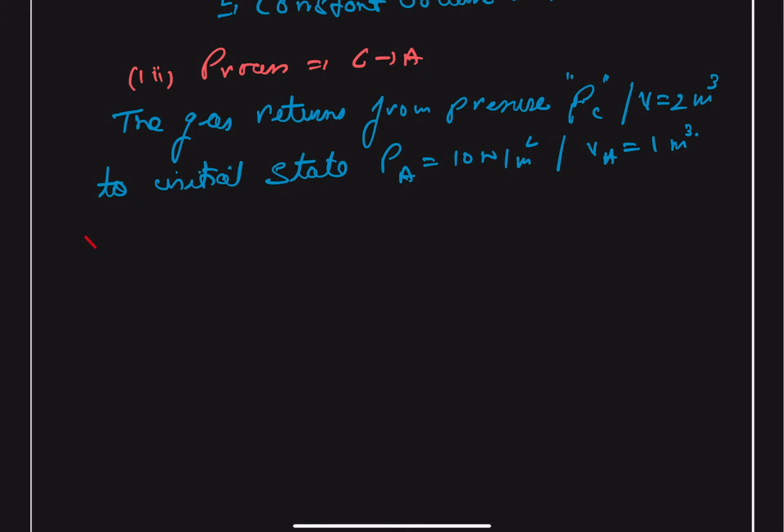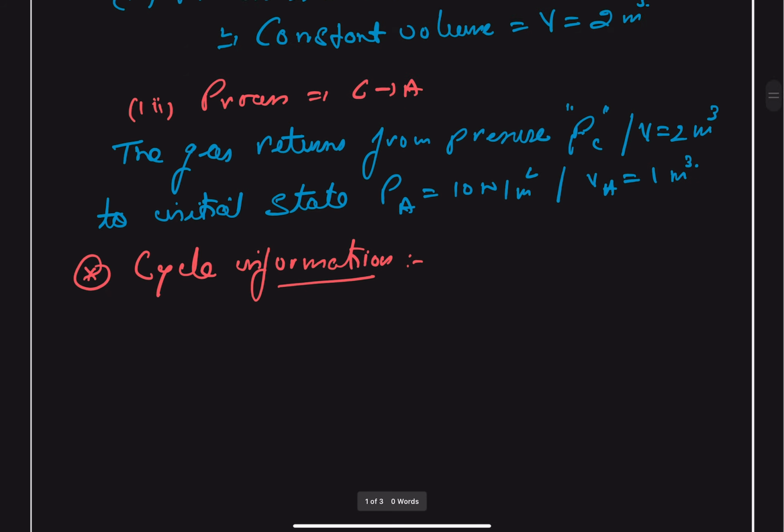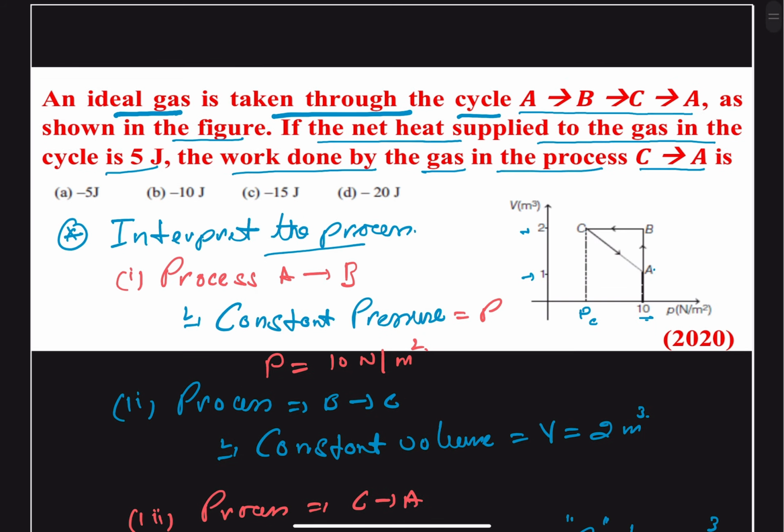So we start with our cycle information. It is mentioned in the question that an ideal gas is taken through this entire cycle from A to B, B to C, and C to A, and the net heat supplied to the gas in the cycle is 5 joule.